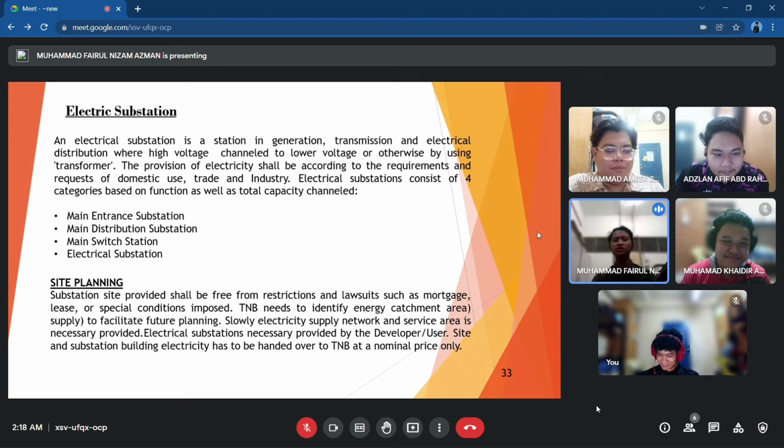The electrical substation is necessarily provided by the developer or user, and the site and substation building have to be handed over to TNB at a nominal price only.